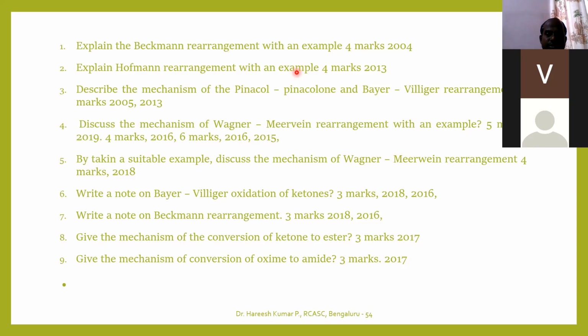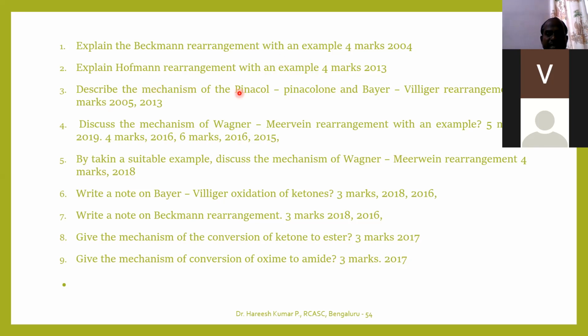When it is treated with sodium hydroxide, an anion forms on the nitrogen. Then there is a six-electron rearrangement: movement of the alkyl or aryl group from the carbon to the electron-deficient nitrogen. You can write the mechanism and also give the example. That is enough for the 4 marks question.